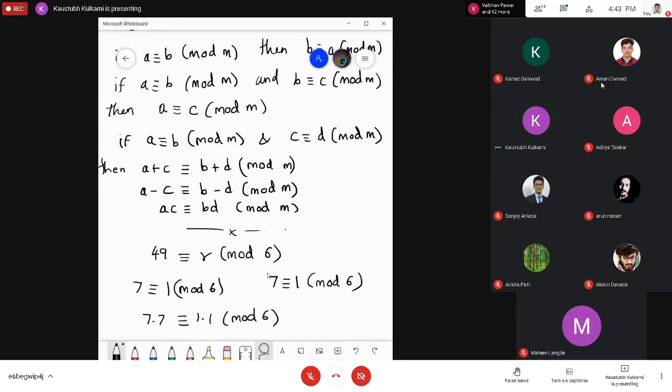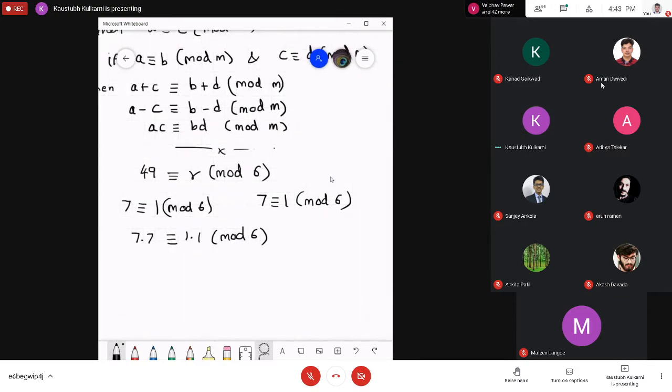And therefore you can say that 49 is congruent to 1 mod 6, or you can say that when 49 is divided by 6, the remainder is 1.